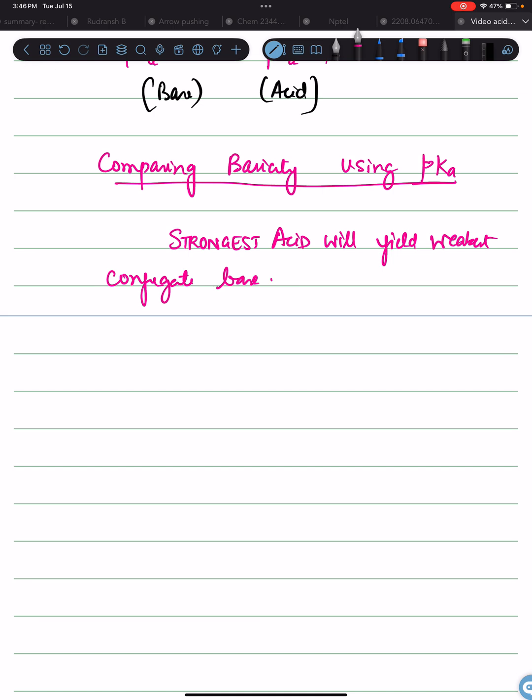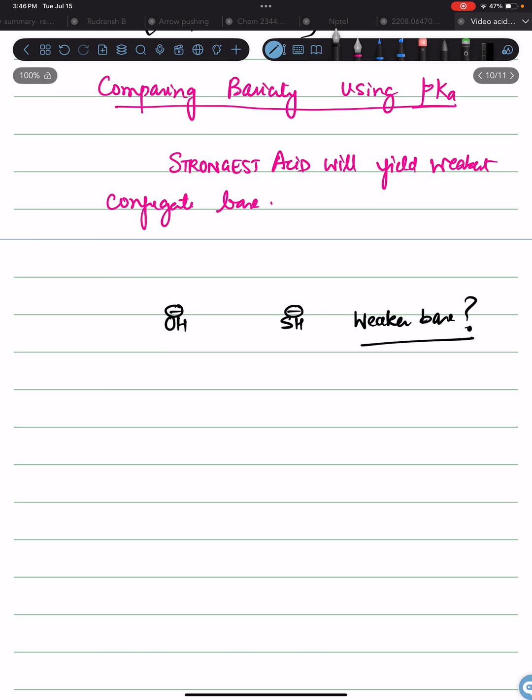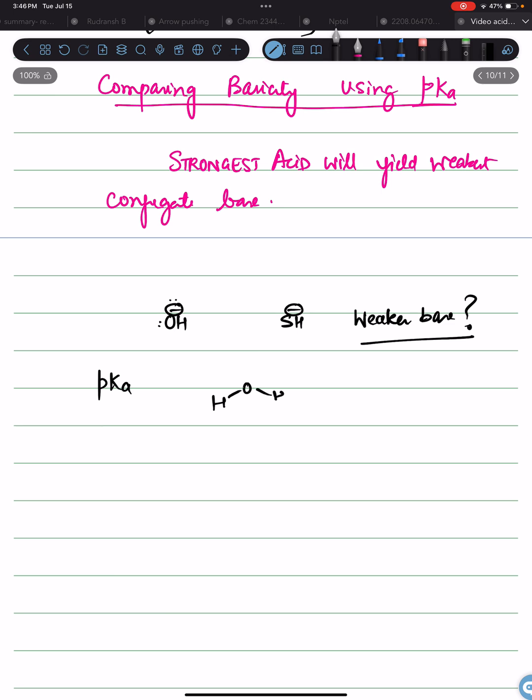Now suppose someone asks you this question: of hydroxide ion, OH negative, and SH negative ion, which one is the weaker base, or which one is a stronger base? Now to predict this, you can use the pKa values for their conjugate acids. So the conjugate acid for this is water.